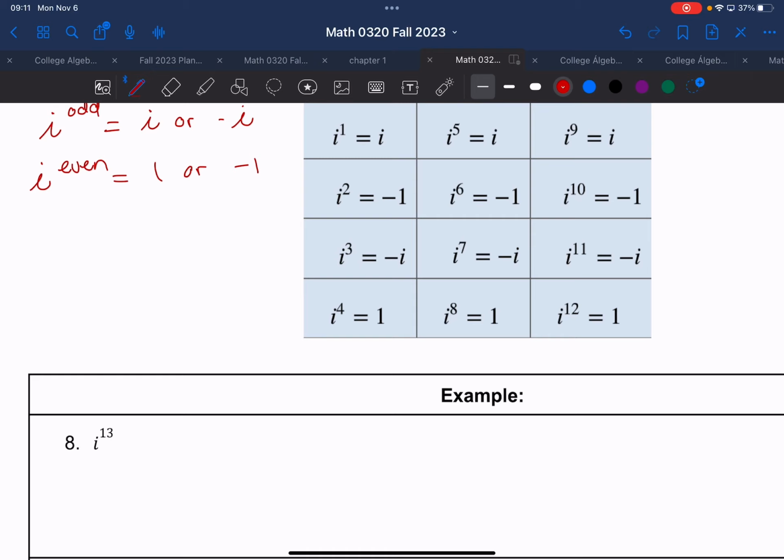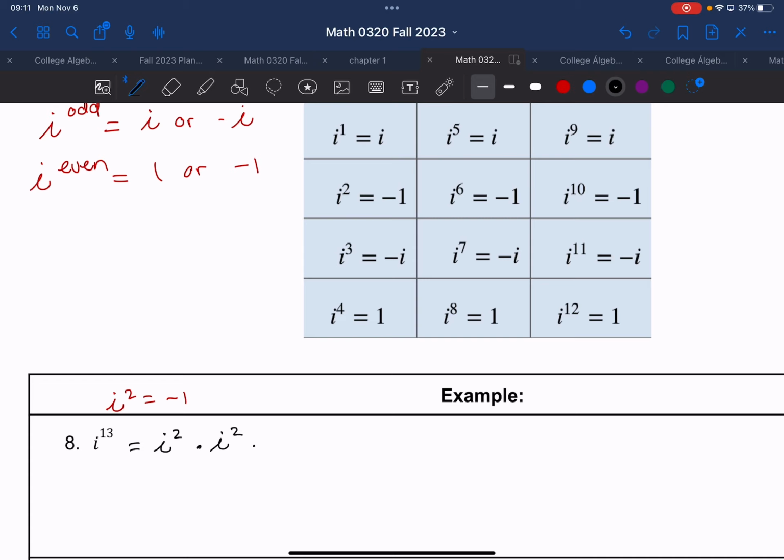So the way we do this is we already know that i squared is equal to negative 1. So we need to separate this in terms of i squareds. So i to the 13th is the same as saying i squared times i squared.